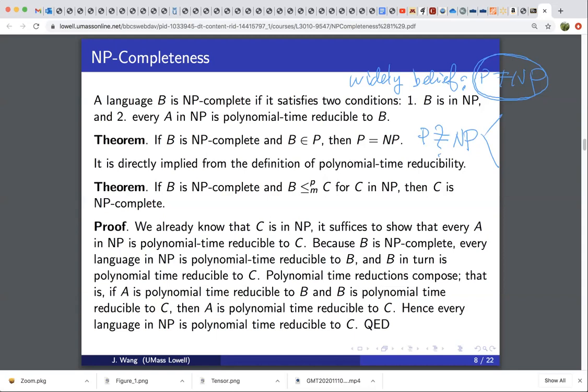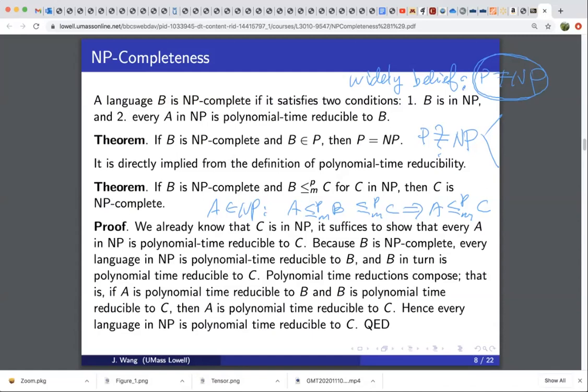The proof of this is also straightforward. If B is NP-complete, that means for any A in NP, A is reducible to B. Now B is reducible to C. So any problem A is reducible to C. So C then is NP-complete by definition.